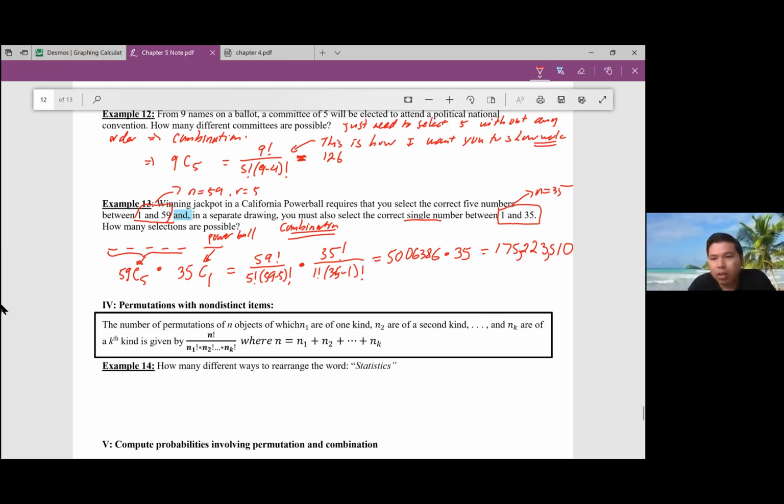And each ticket, I believe they sell for $2, so they will make around $350 million.